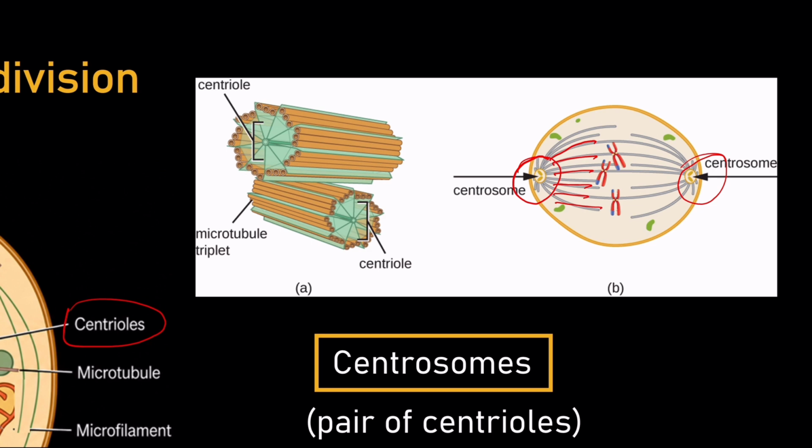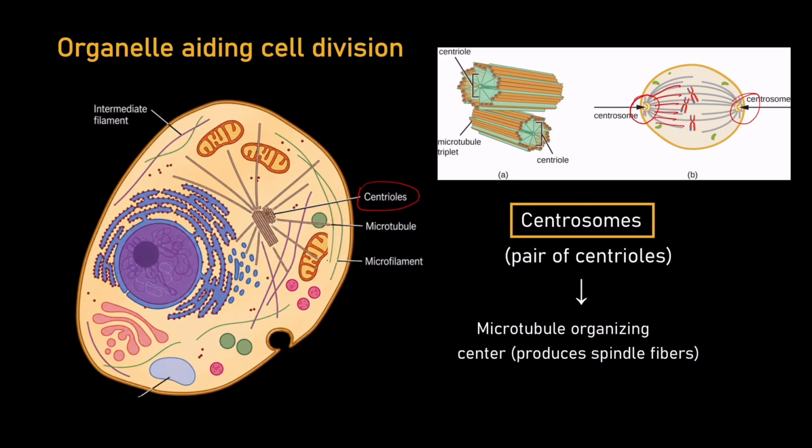So before a cell divides, the centrosome duplicates, then the resulting centrioles pull these duplicated chromosomes towards the opposite ends of the dividing cell, ensuring that each new cell receives a complete set of chromosomes. So that's about the centrosome.